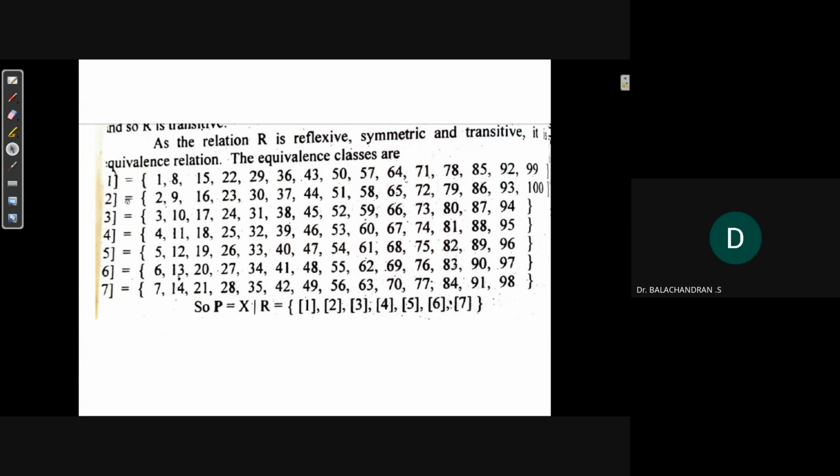Next, 2, 9, 16, 23. Similarly for the equivalence class of 3. These are the equivalence classes. Other than this, you cannot find anything, because if you take the union, you will get 1 to 100. You can check it.